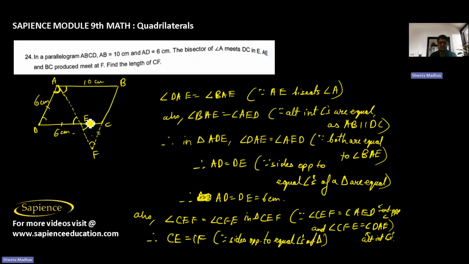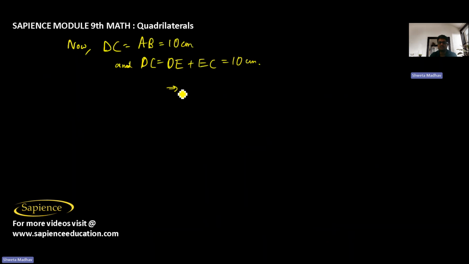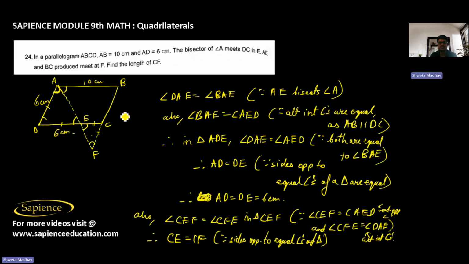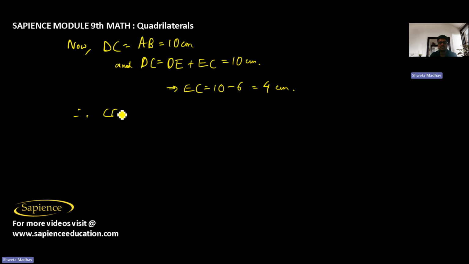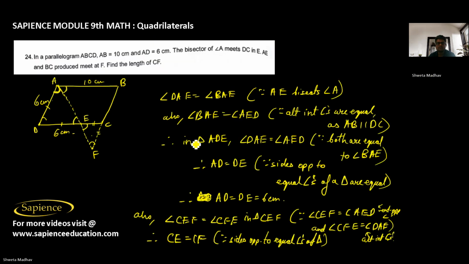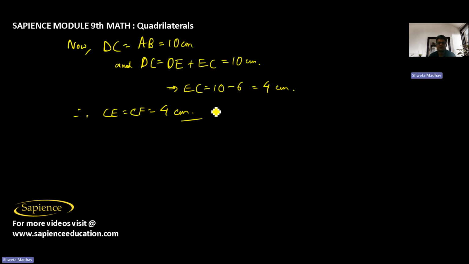Now DE, we have found as 6 centimeters, so EC will be equal to 10 minus 6, which is 4 centimeter. Therefore, CE is equal to CF, that is 4 centimeter. So hence the required length of CF is 4 centimeters. So 4 centimeter is the answer.